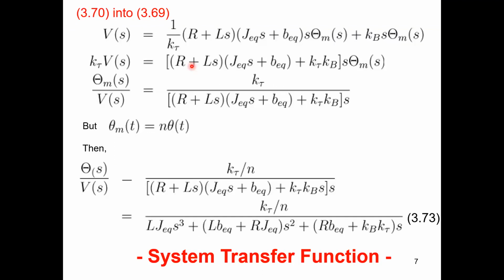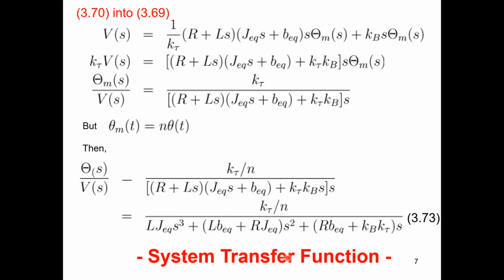Say something like this, theta(s) over V(s). This is the transfer function. So we call this G(s). Theta(s) is equal to V(s) times G(s). This whole thing is G(s), the transfer function.